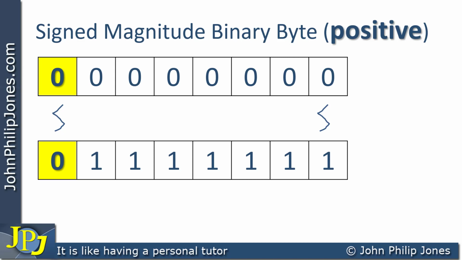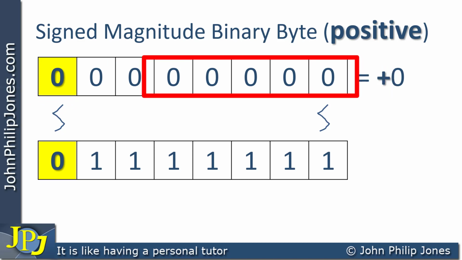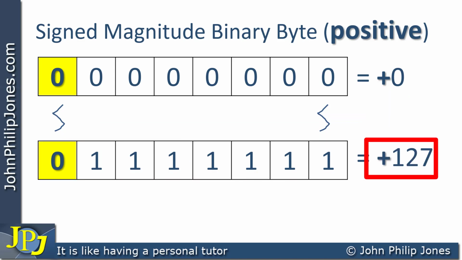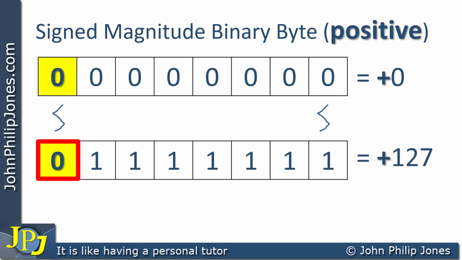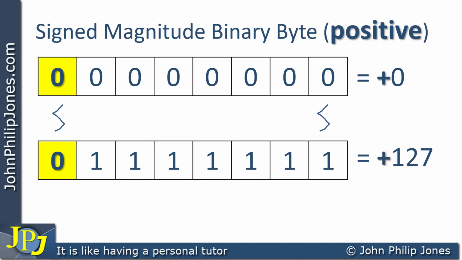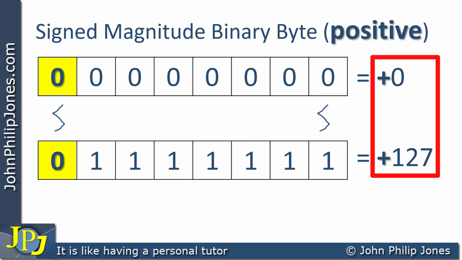So if we look at the first one, this is plus 0. This is the sign bit, which gives us the positive sign. This is the magnitude, which gives us the 0. If we look at this one, it gives us plus 127. This is the sign bit, which gives us positive. This is the magnitude, which is 127. So we can see that the positive range goes from 0 to 127.